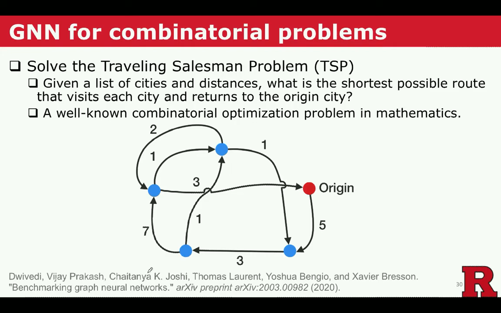GNNs can also solve combinatorial problems. The traveling salesman problem, TSP, is a well-known combinatorial optimization problem, and it has been intensively studied. To solve this problem, you basically need to answer, given a list of cities and the distance of traveling from one city to another, what is the shortest possible route that visits every city and returns to the origin city?